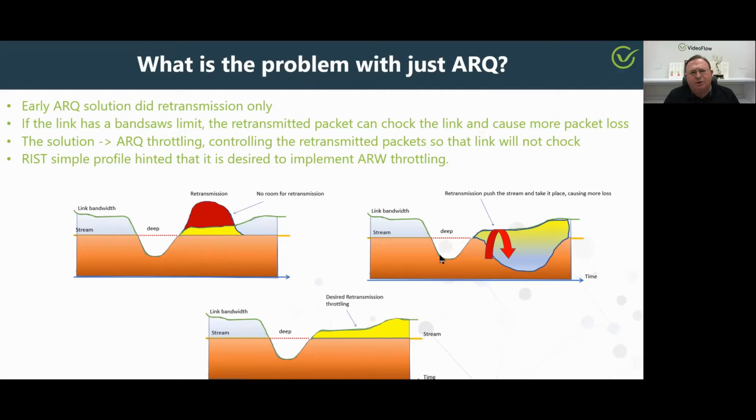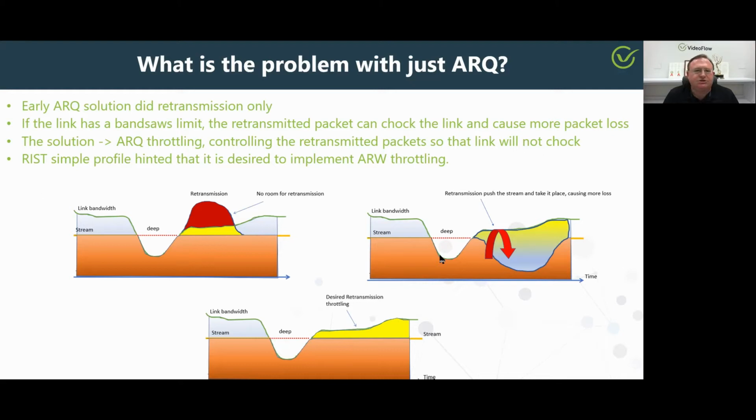So let's start with talking about the problem with just ARQ. ARQ, automatic repeat request, only provides retransmissions of packets in response to a loss. This in theory can provide 100% packet recovery, but this is if you have enough buffering and bandwidth. Bandwidth or impairments are not always under our control.